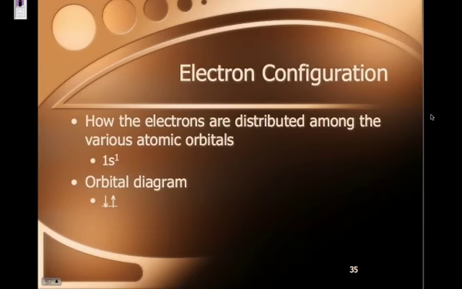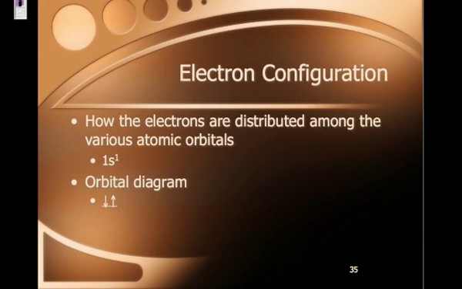So the electron configuration is just how the electrons are distributed, and we write it in this form where we have 1s, 2s, whatever it is, and then the superscript is how many electrons are in that sublevel. So there's 1 electron in the 1s sublevel, which corresponds to hydrogen.